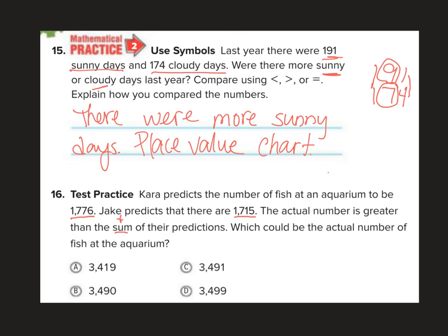Well, first let's find the sum of their predictions. 1,776 plus, line up your place values when we're adding, 1,715. Okay, so I'm going to add 6 and 5 is 11. 7, 8, 9. 7 and 7 makes 14. And add 3 ones together, I'm going to get 3,491.